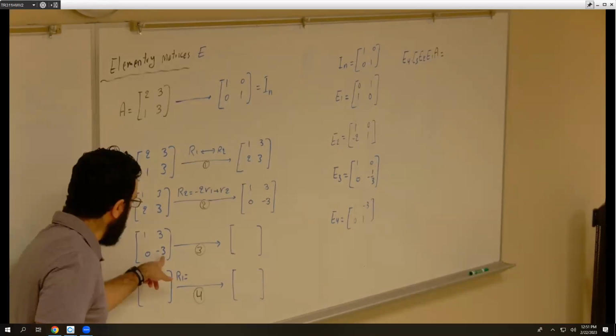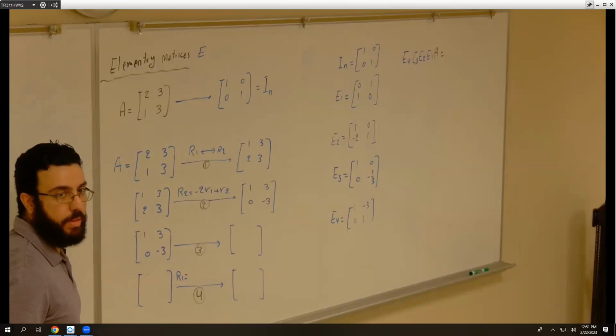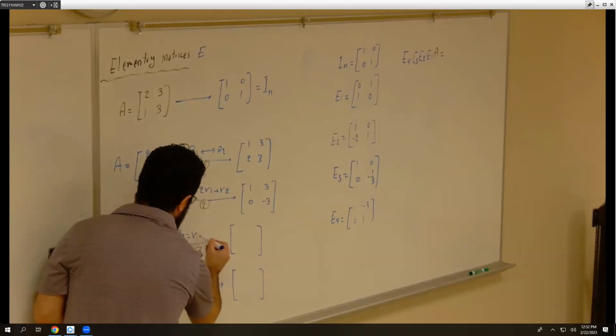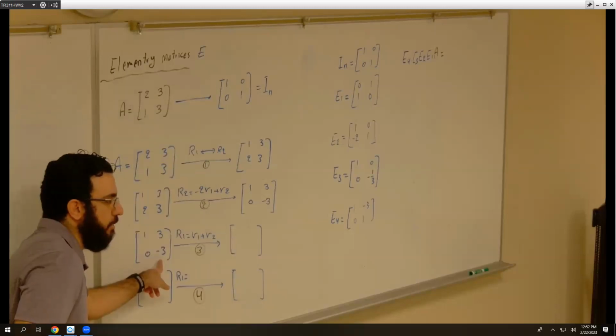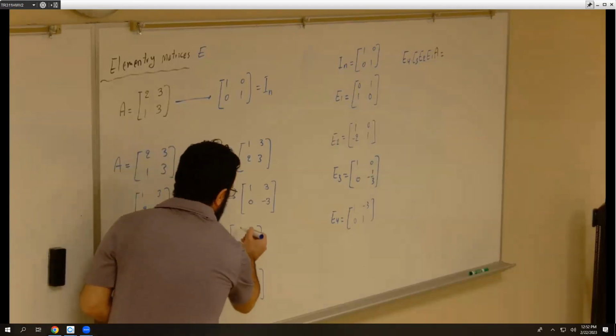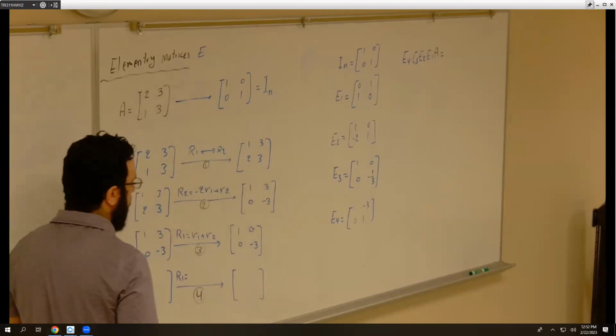Now, if I add this one with this one, it's going to be 0. That means R1 is going to be R1 plus R2. 3 minus 3 is going to be 0. So that's what I'm going to do. Let's check this operation. So it'll be 1, 0, and this one is going to be 0, and this one is going to be -3.